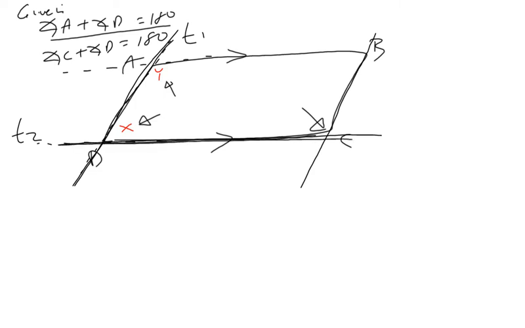If angle D plus angle C is equal to 180, that means I have another pair of same side interior angles that are supplementary. Well, if that's true, then what does that tell us about line segments AD and BC? Well, they must be parallel. Well, if I have both pairs of opposite sides that are parallel, what must ABCD be? ABCD has got to be a parallelogram, so that is our proof.